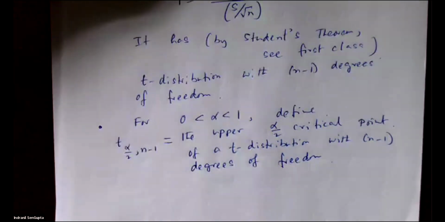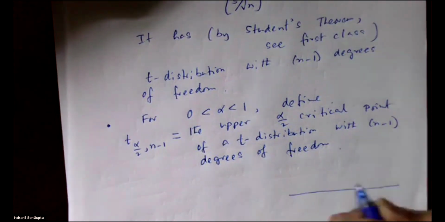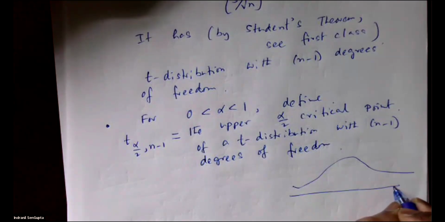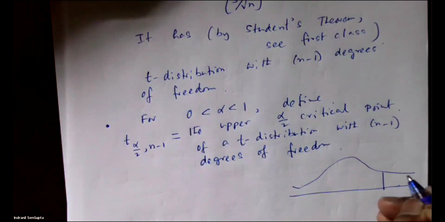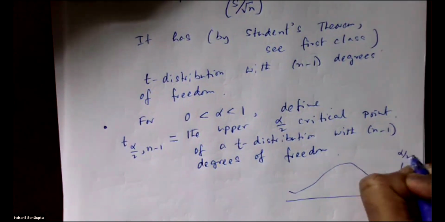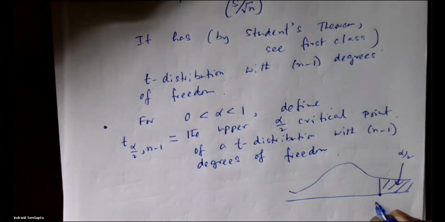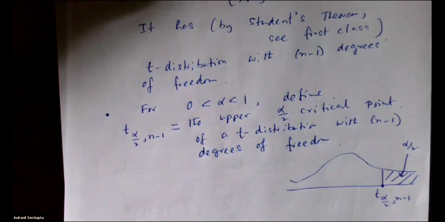What does it mean? If I have the T distribution, I'll show you a picture shortly. Suppose this is a T distribution. This area is alpha over 2, and this point is t of alpha over 2, n minus 1.